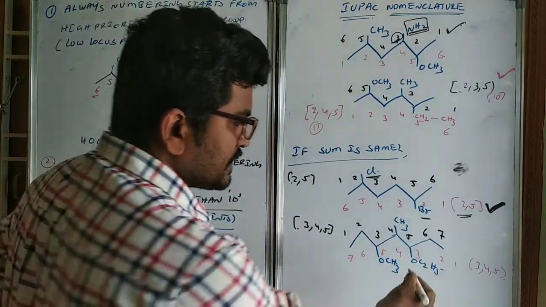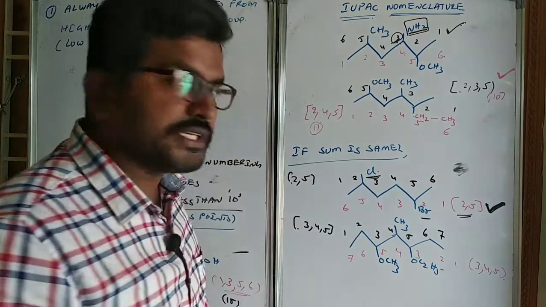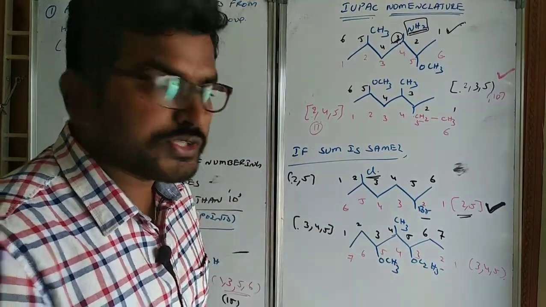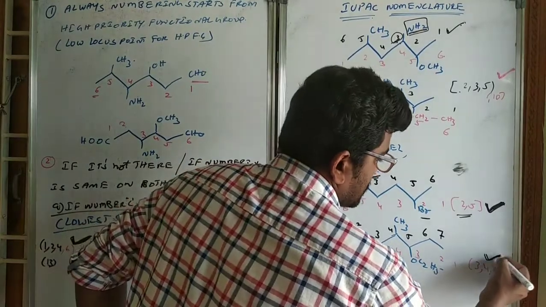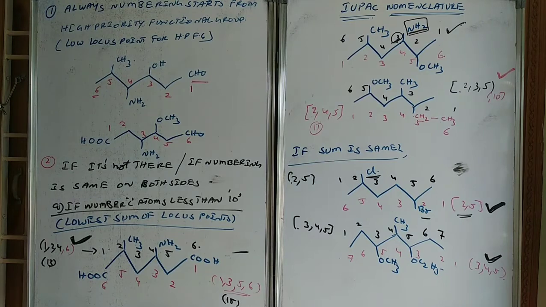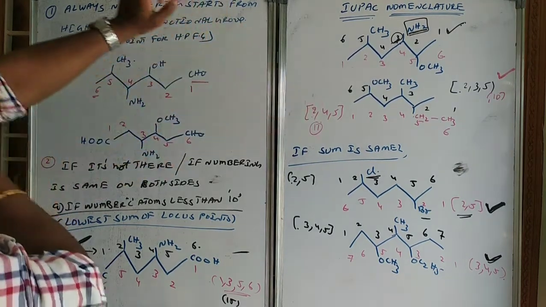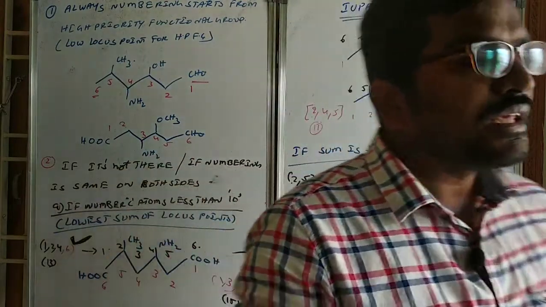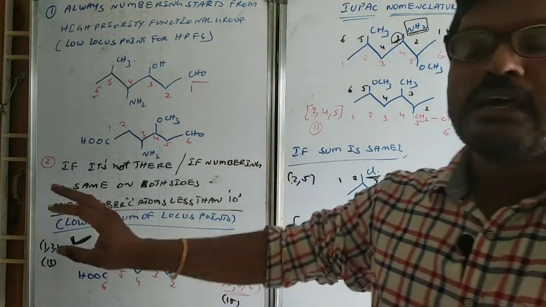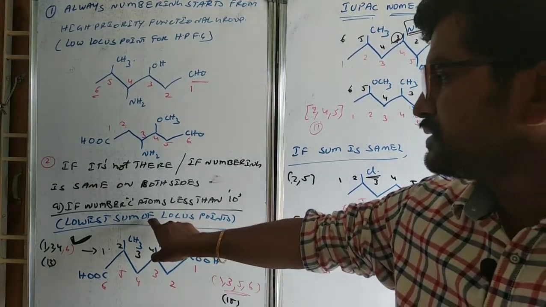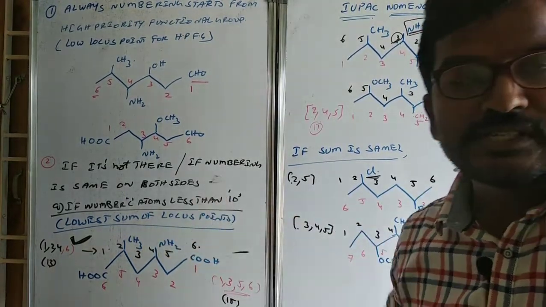In this case, you see ethoxy and methoxy are there. Which comes first, ethoxy or methoxy? Ethoxy comes first. So we will number like this. So these are the rules. Whenever we are giving locus points, the high priority group gets first priority. If that is not there, then we follow the lowest sum of locus points if the number of carbon atoms is less than 10.